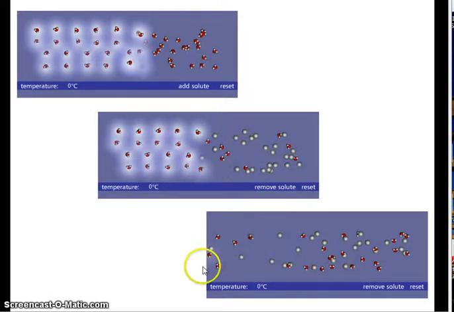And eventually, if you leave the system at 0 degrees Celsius and you've added a solute, such as salt, then all of that water is going to be liquid. Every water molecule is going to be crashing into a lot more salt molecules than they are each other and freezing. And so the equilibrium is shifted.